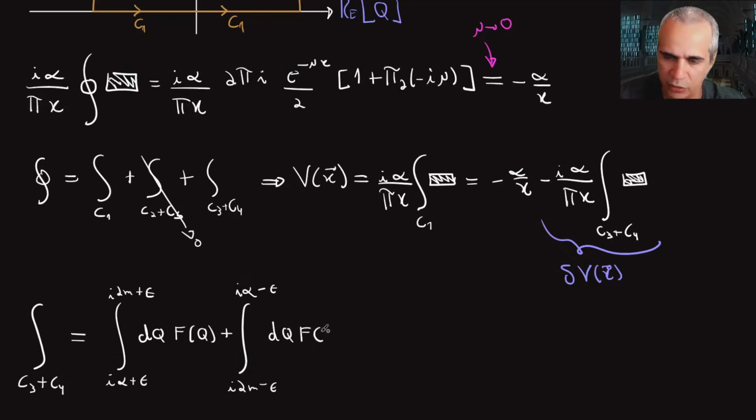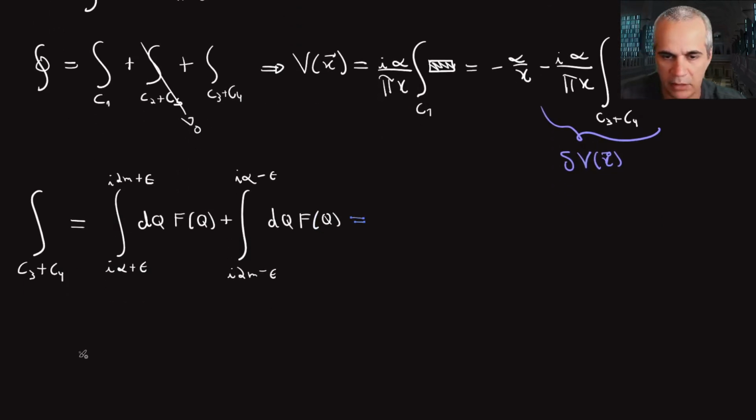Now, I can do a change of variables here, just shift to get rid of these epsilons in the limits of integration. And this becomes just the integral from i alpha to i m dq of f(q plus epsilon). So I shifted the variable of integration in one way, and in this one I shift the other way.